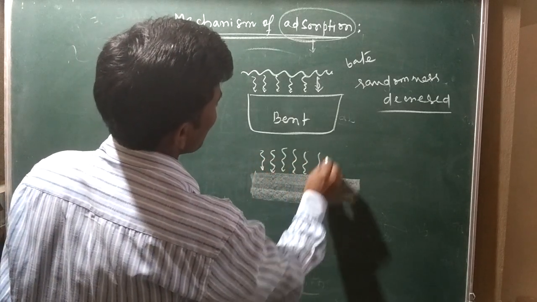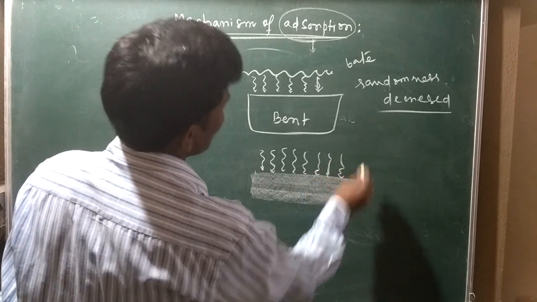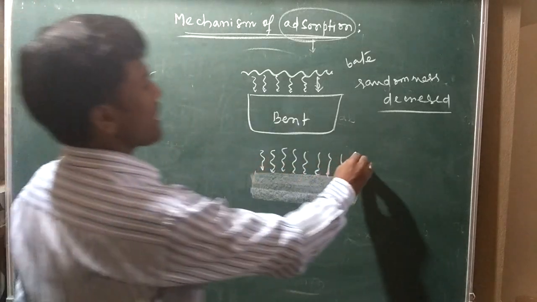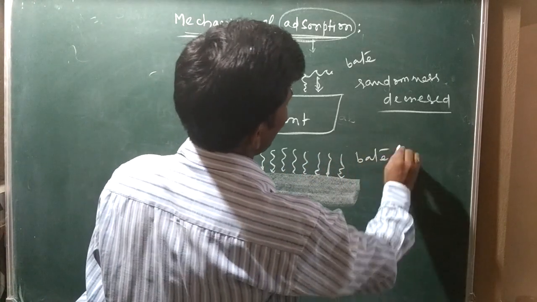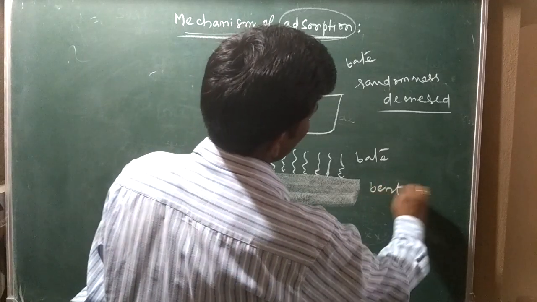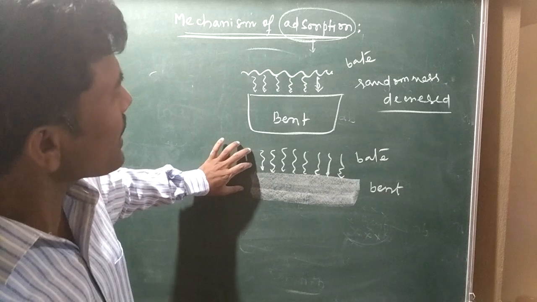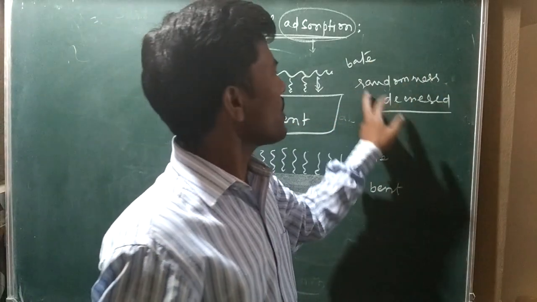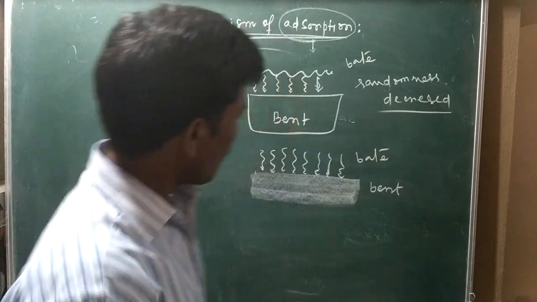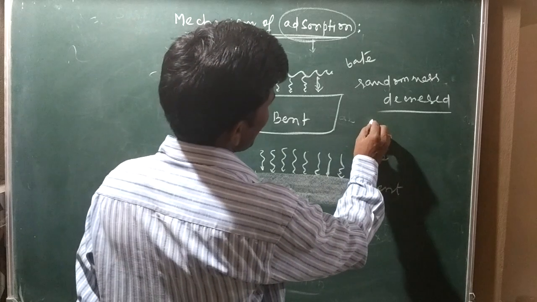When you increase the number of components attaching, there is congestedness between adsorbent and adsorbate. When the congestedness increases, the randomness of the components decreases. The randomness is called entropy.